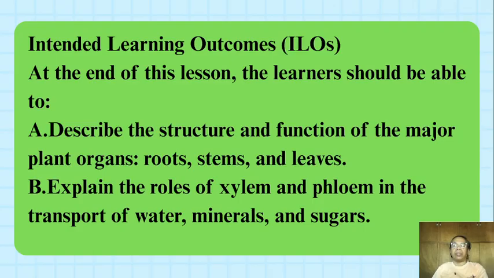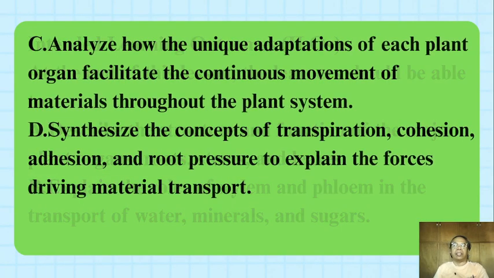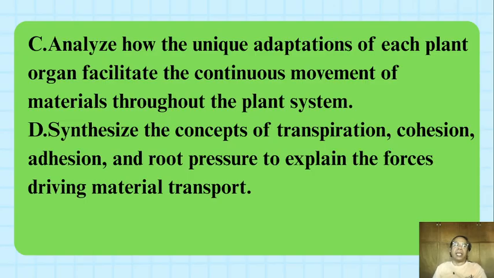B. Explain the roles of xylem and phloem in the transport of water, minerals, and sugars. C. Analyze how the unique adaptations of each plant organ facilitate the continuous movement of materials throughout the plant system.